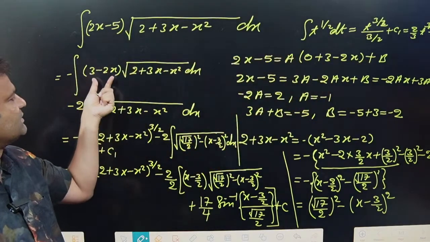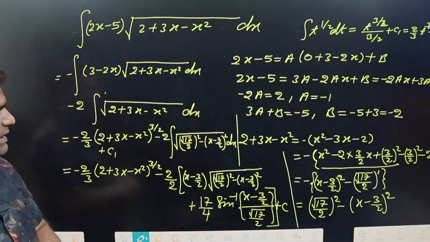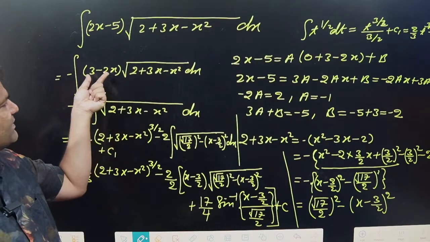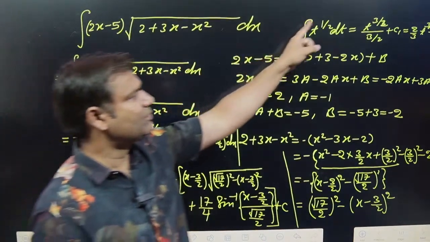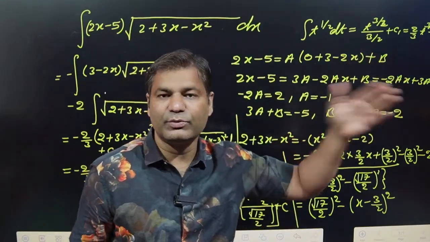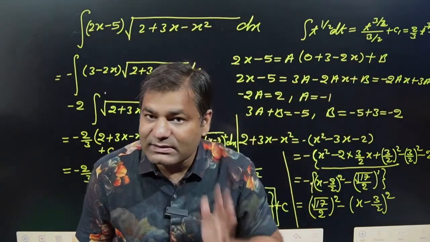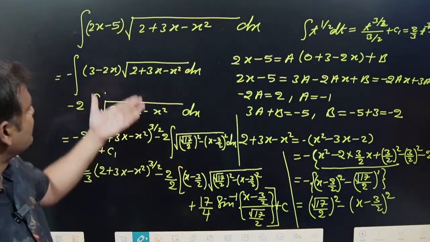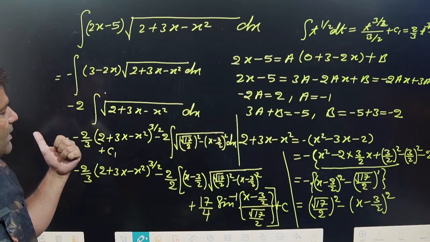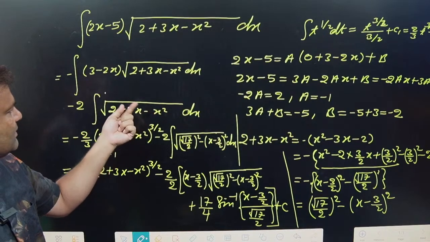This one is replaced by that one plus that one. So we got this one plus this one. After that this one is basically t and this one is dt. So t to power half dt is the integration, and we got 2 by 3 into t to power 3 by 2 plus c. Integration of that one is very simple. After that, how can we solve this one?